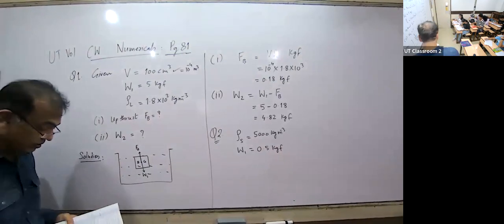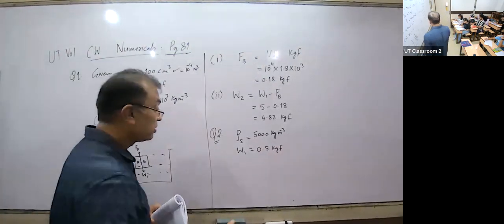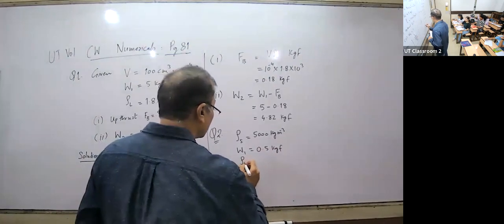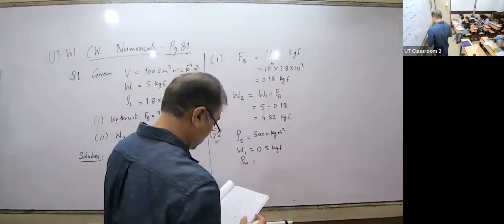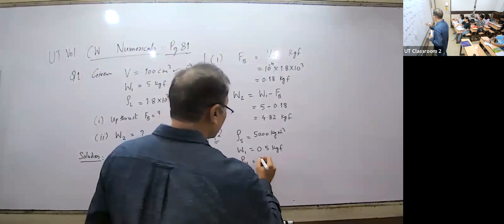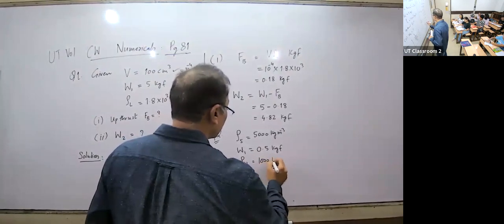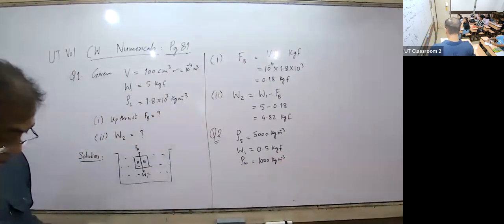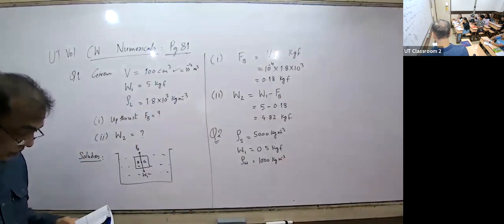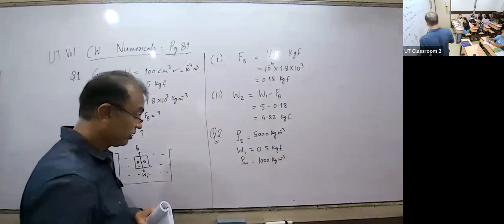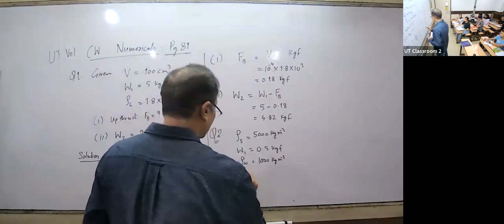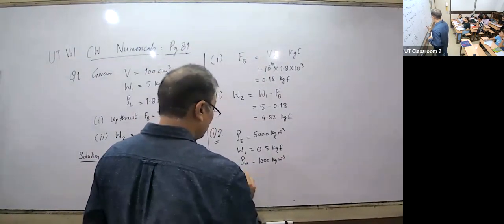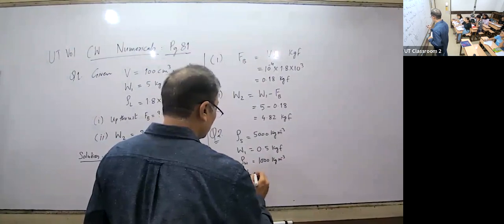So we can refer to the same diagram. What is the density of water here? It's given as 1000 kg per meter cube, the standard. Now, calculate the apparent weight of the solid in water. The apparent weight of solid in water is W2. So you have to find out W2.